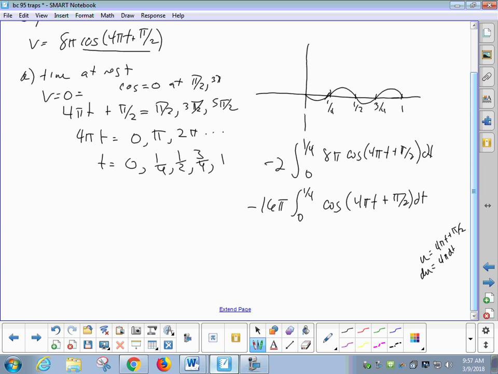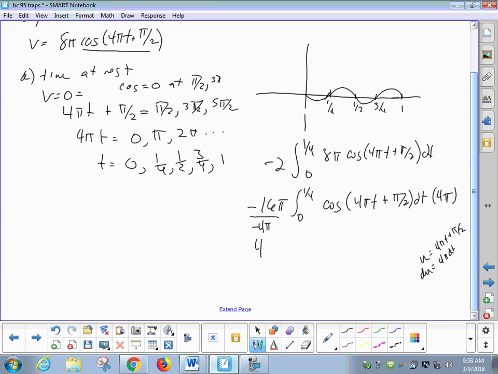For this to go well, I would love it if next to this there was an inside derivative of 4 pi dt. I can put that in there as long as I balance it with the undoing of it. You could also say I borrow it from this. That's another school of thought, but you can put in your du and balance with the undoing, and that's acceptable.